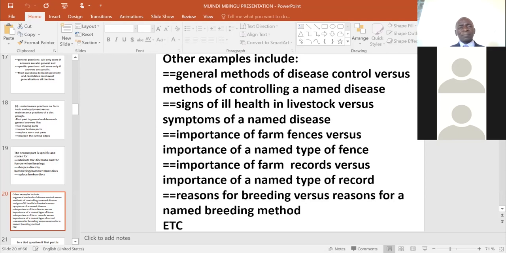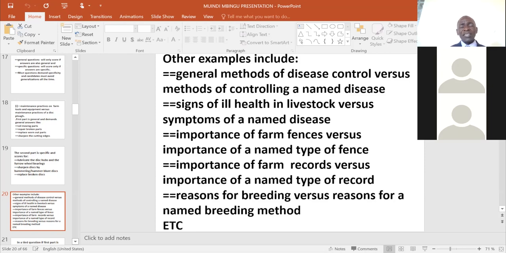But again, you may be asked to explain 5 methods of controlling a named disease, like East Coast fever. The moment a disease is named, then your answers must also take a specific format. And there are some answers that may not apply, because there are some disease control methods that do not apply when it comes to control of the named disease.